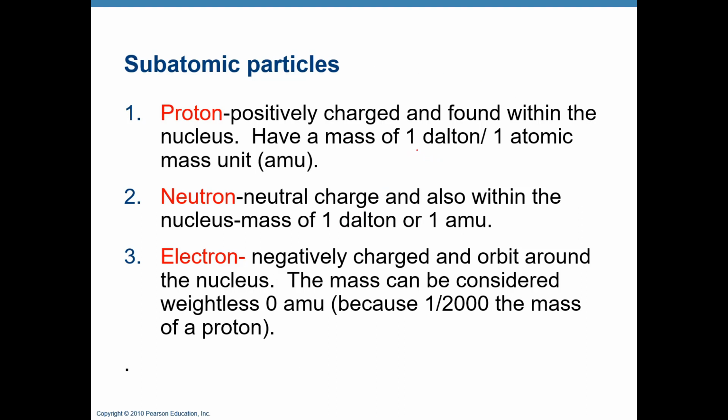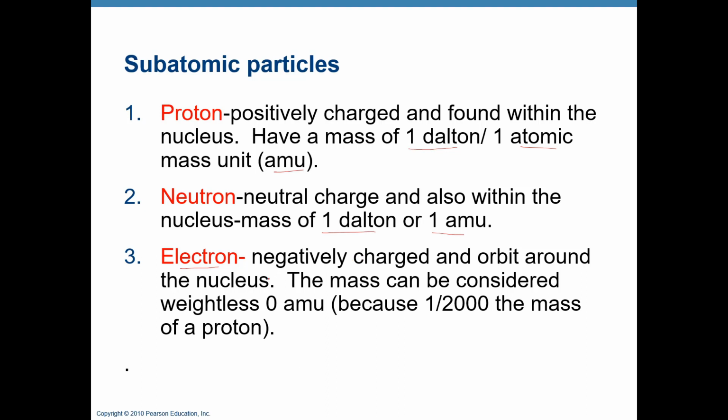Each proton has a mass of 1 Dalton or 1 atomic mass unit. AMU is the unit. Okay. Each neutron also has 1 Dalton or 1 atomic mass unit. However, electrons are considered weightless.